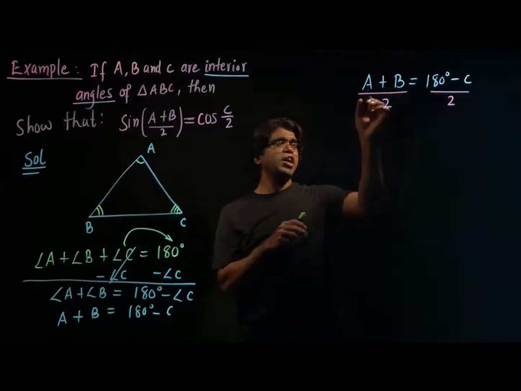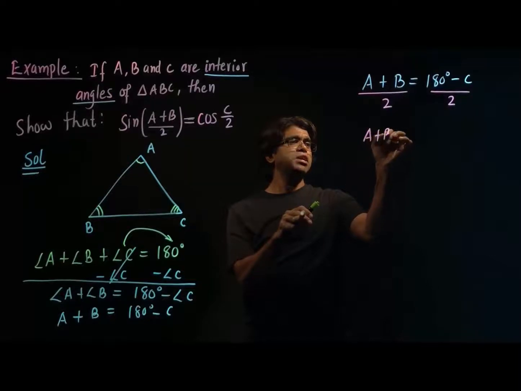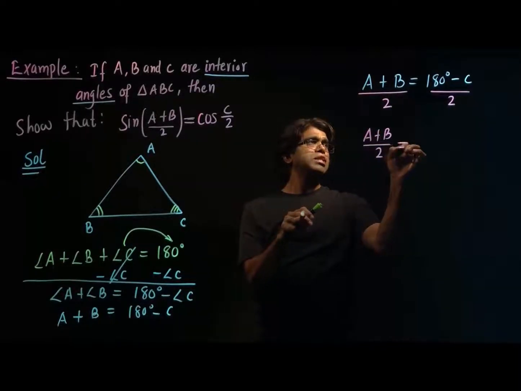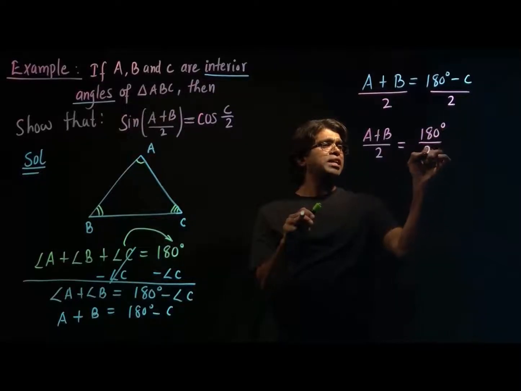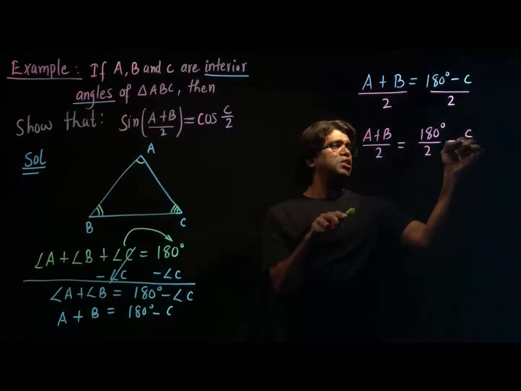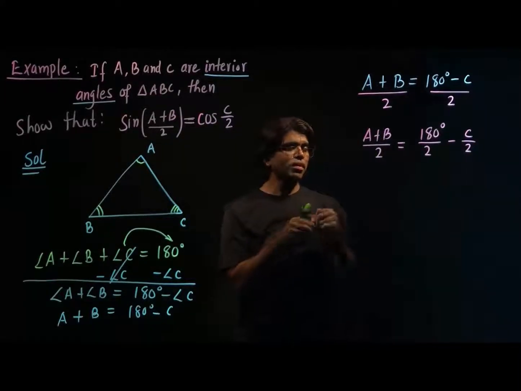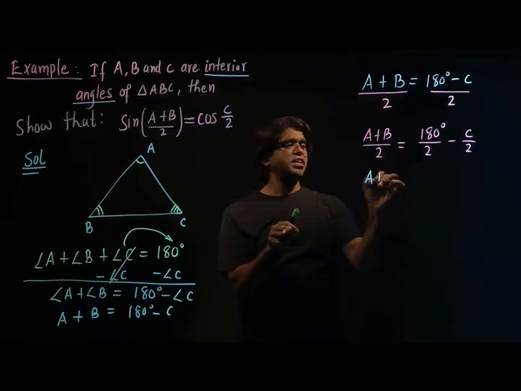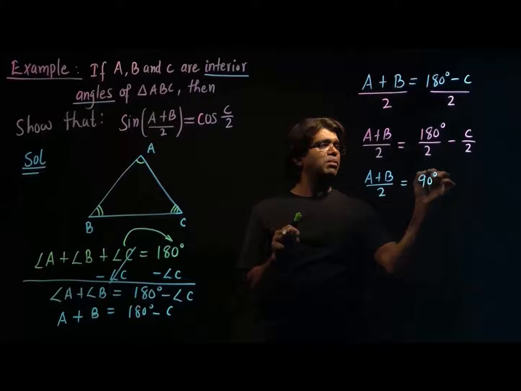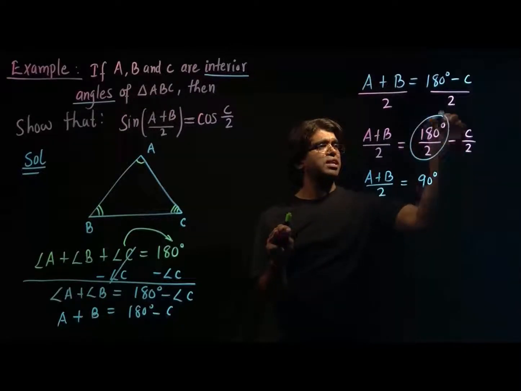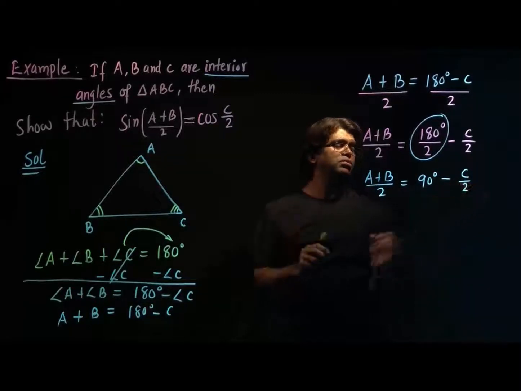If I do that, on this side I have (A plus B) over 2 is equal to 180 degrees divided by 2 minus C over 2. Now we all know that 180 degrees over 2 is 90 degrees. So this is basically 90 degrees minus C over 2.